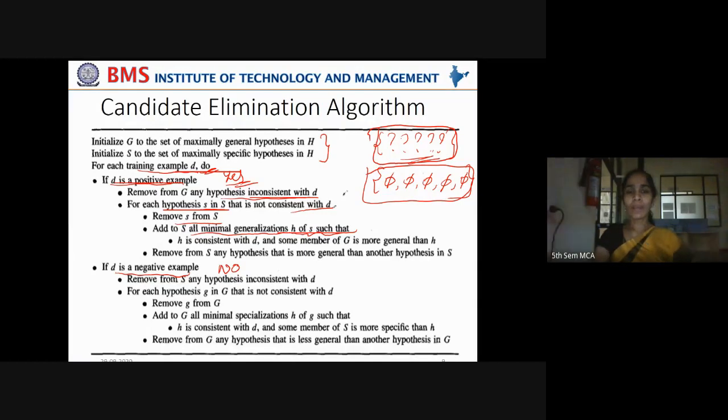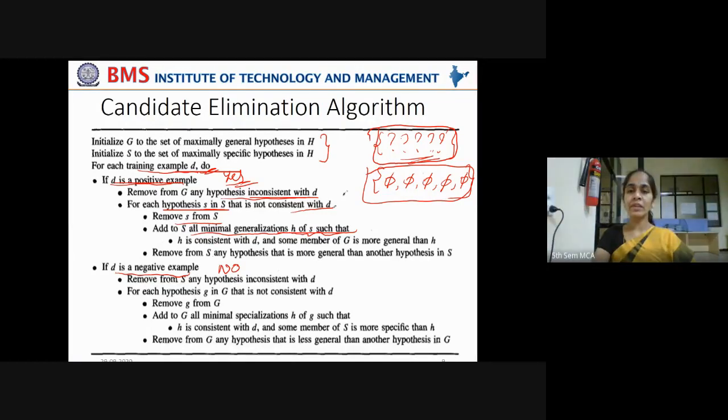Now remove from S any hypothesis that is more general than another hypothesis in S. If you have any general hypothesis in S, S should not actually have that, right? So remove it from that specific boundary set. It means if there are any general hypotheses in the specific boundary set, remove them. If there are any specific hypotheses in the general boundary set, remove them.